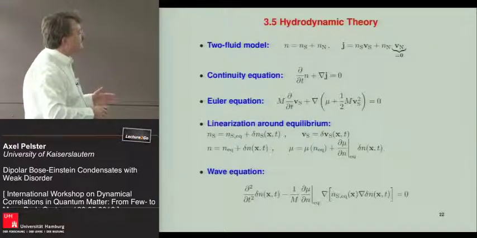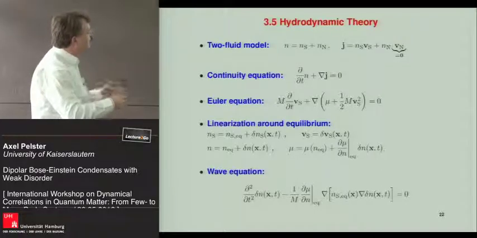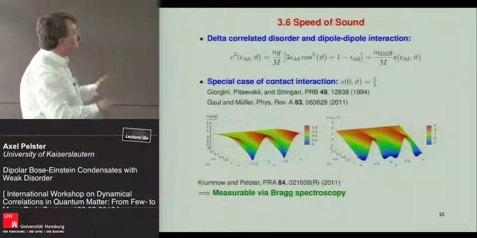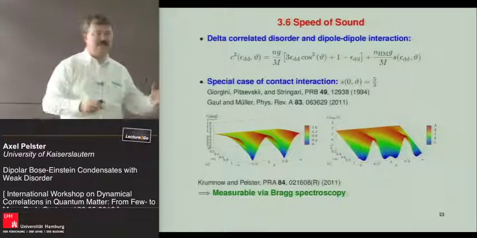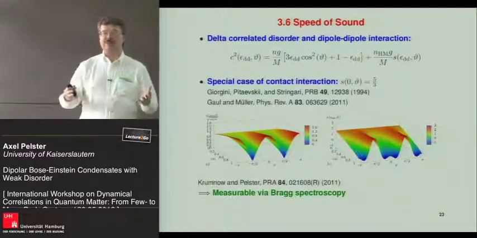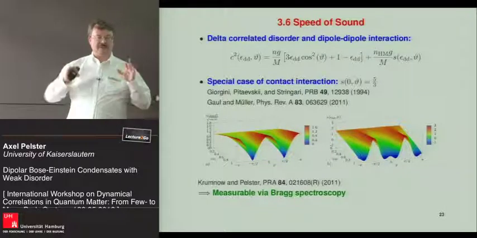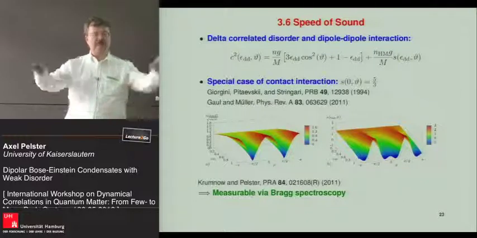Now, you can ask the question what you get when you perform a hydrodynamic theory on top of this. To make a long story short, the result is that if you have a dipolar BEC in a random landscape, the sound velocity becomes particularly angle dependent.